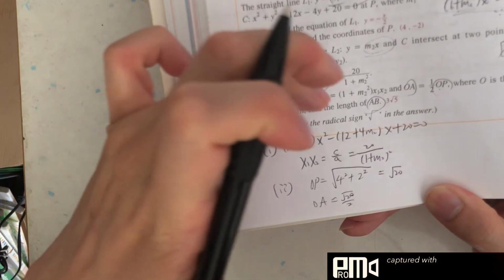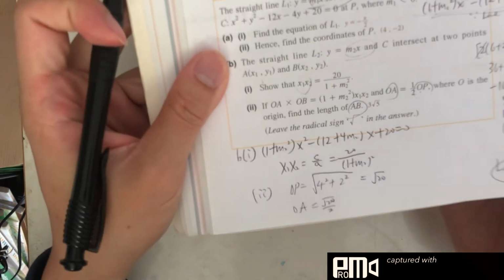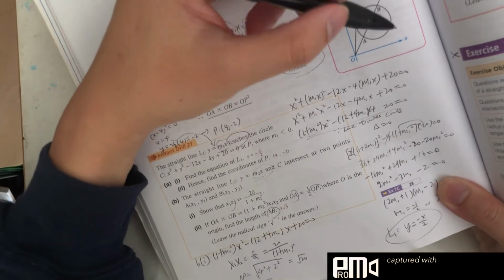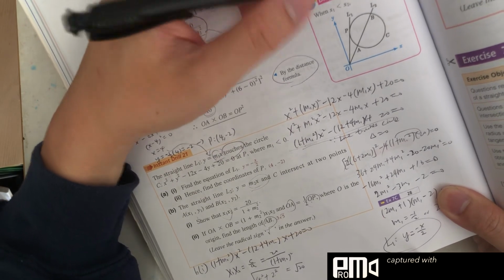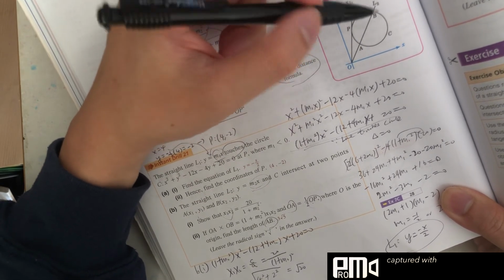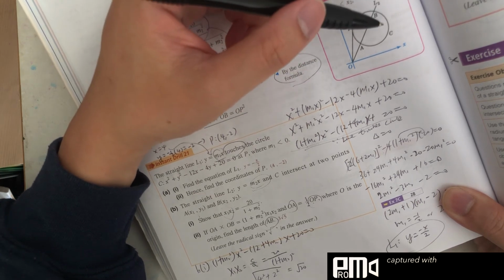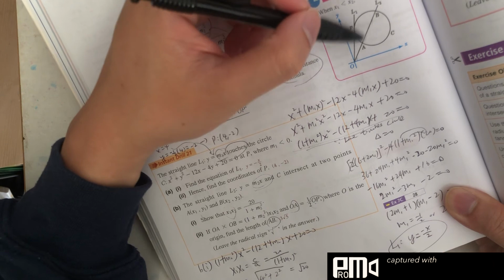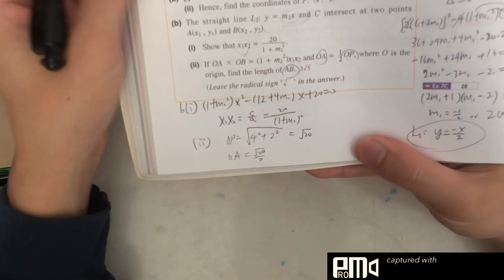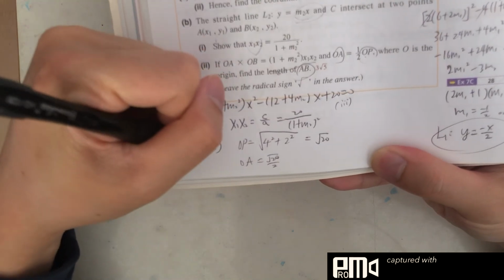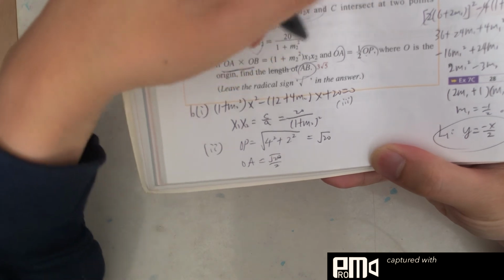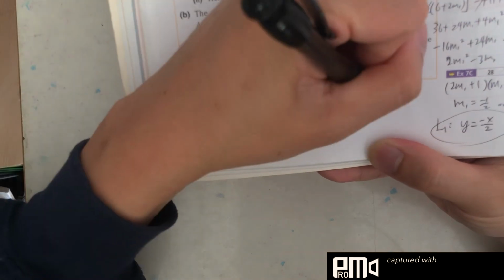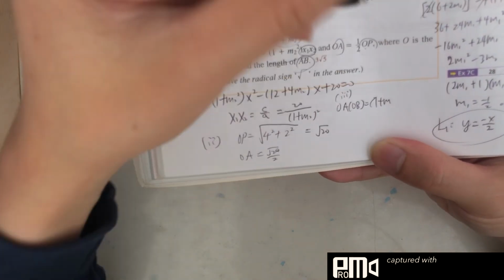And then you just need to find OB. Actually, it's the same graph as this one, I think. So now you have OA, you have OP, then you know OB. If you have OB, then you find AB. So the product should be 20.